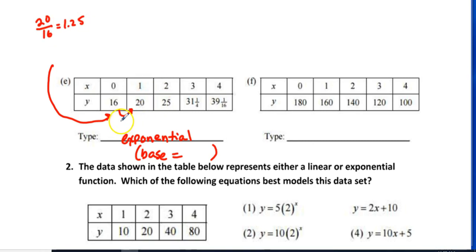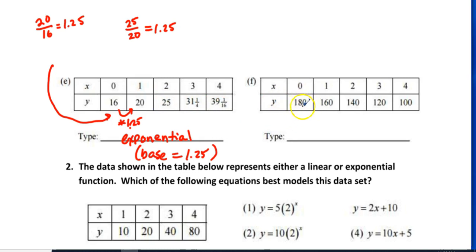So that's times 1.25. And if you were to do the same thing, 25 divided by 20, it's also 1.25. So that's our multiplier each time. So the base is 1.25. If I were to do 25 times 1.25, it's going to come out 31.25. All right, so that's the constant multiplier each time.